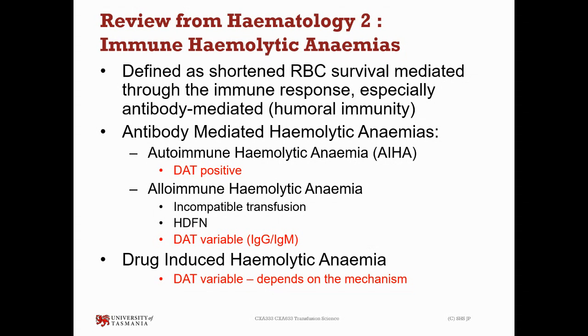We can see that alloimmune, we can also have a positive DAT, and also drug-induced. Whether or not the DAT is positive is variable. It very much depends on the mechanism of drug-induced hemolytic anemia. So there's quite a bit here that we're bringing forward again from haematology 2, that it would be very useful for you to go back and to revise.